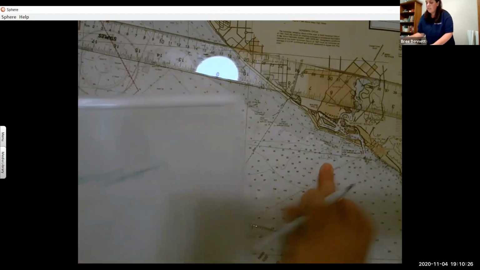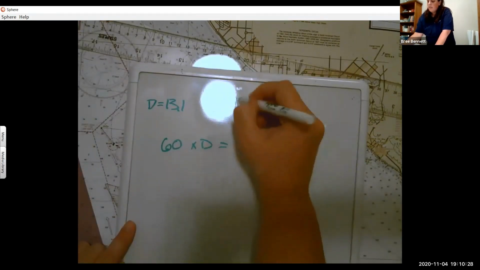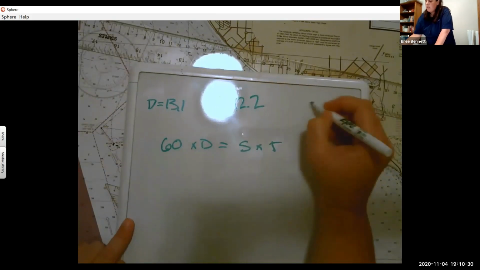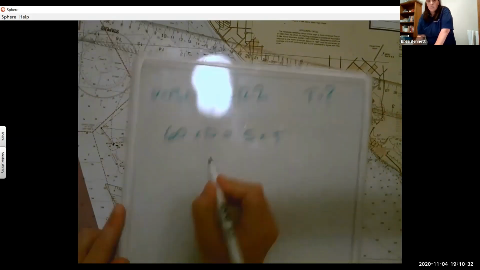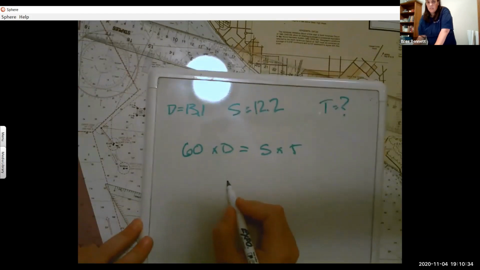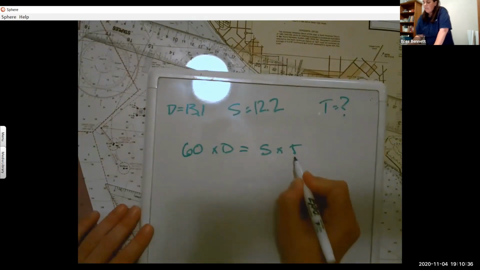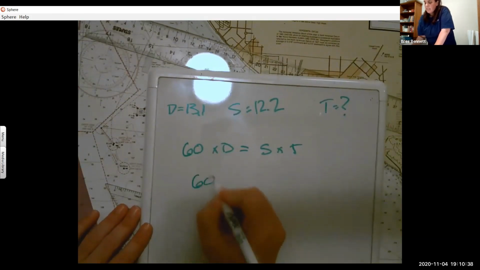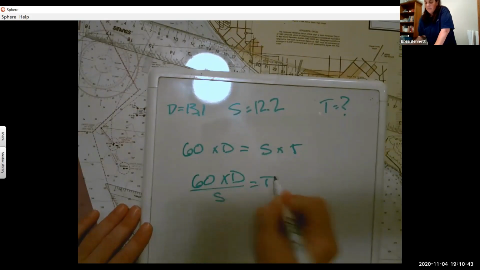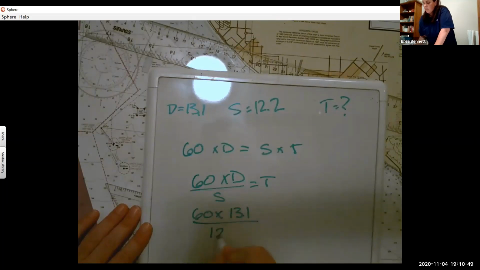Our speed was 12.2. We are looking for time. So when we plug it into our equation, we have 60 times D divided by S equals time. That gives us 60 times 13.1 divided by 12.2 gives us time.